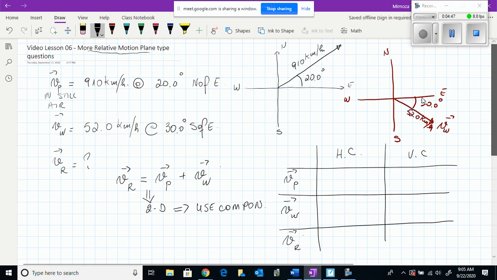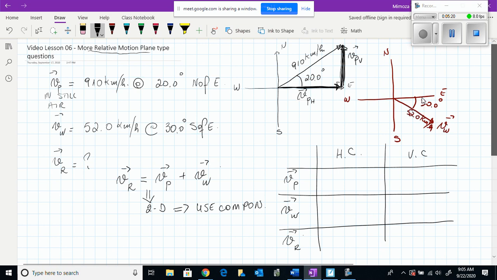From the tip of the vector, we will draw a perpendicular. Whatever is along the horizontal will be the horizontal component of the velocity of the plane, and whatever is along the vertical will be the vertical component of the plane.